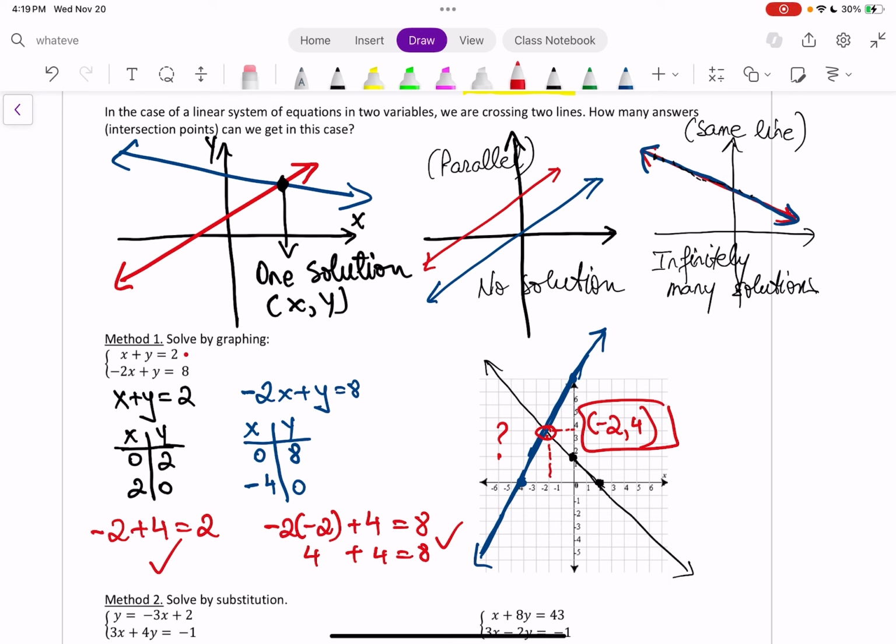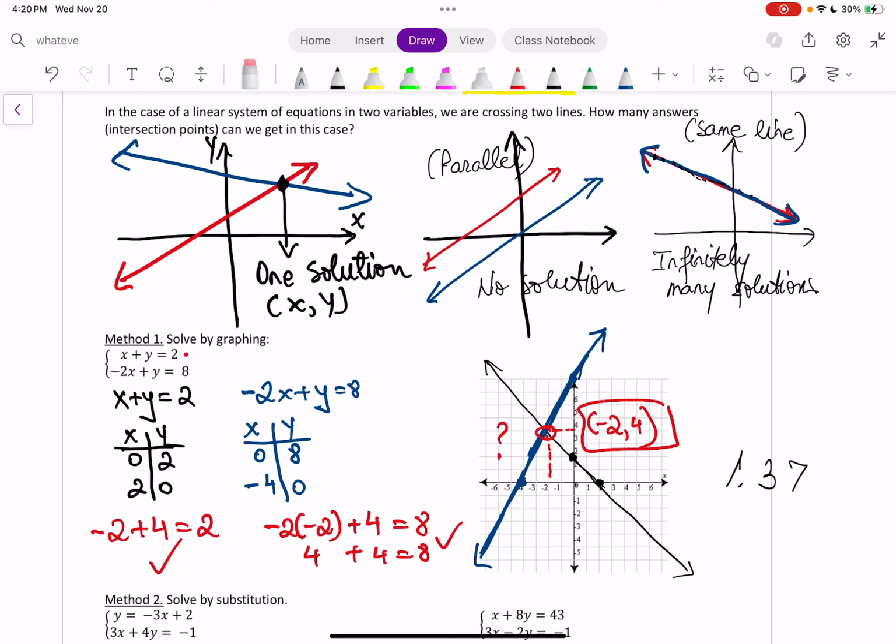It comes in a corner. Even with decimals, or if your intersection point is off the grid, you're not going to be able to read that intersection point if the lines are meeting somewhere way out there. And even if they meet at a decimal point, you're not going to be able to guess that. You're never going to be able to guess, oh yeah, it crosses at 1.37. You won't even see if it was a 1.3.